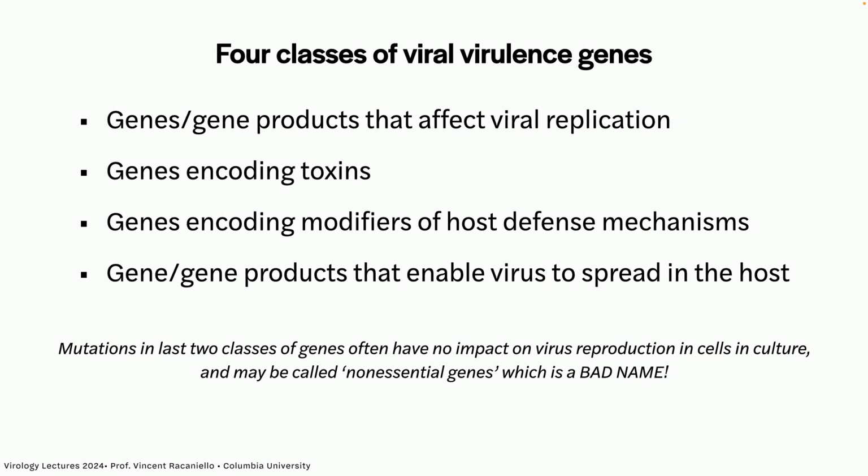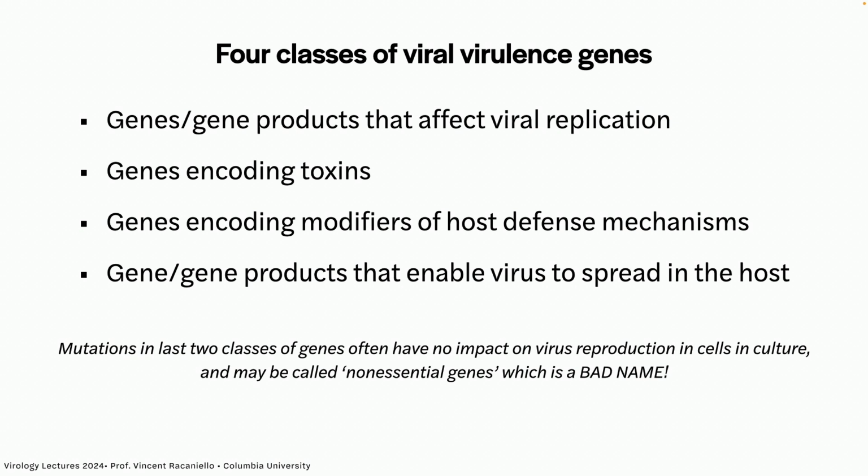The big one is the class of genes encoding modifiers of host defense mechanisms, right? Every virus has to antagonize host defense, otherwise it's eliminated. And if you change those genes, then the virus can be eliminated, and so it loses its virulence. And then finally, gene products that enable the virus to spread from one tissue to another in a host.